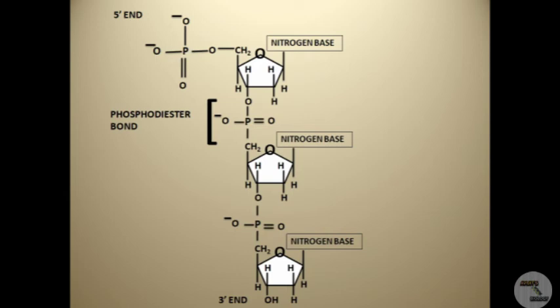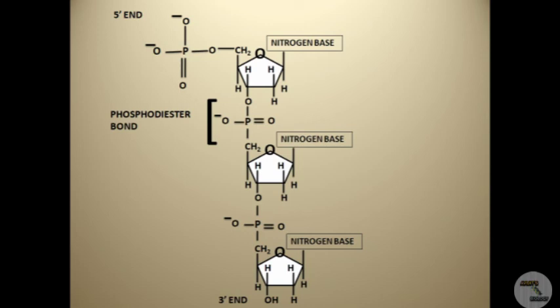The linkage between two nucleotides is known as a phosphodiester bond. Now in this picture I have shown you a chain of polynucleotide. The polynucleotide has a 5' end and a 3' end. The 5' end is usually attached to a phosphate and the 3' end is usually a free hydroxyl group.